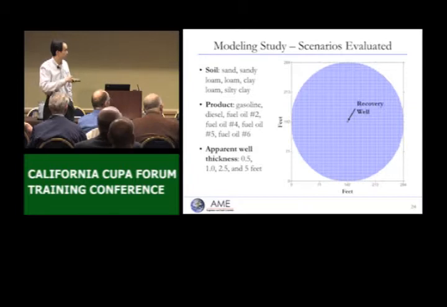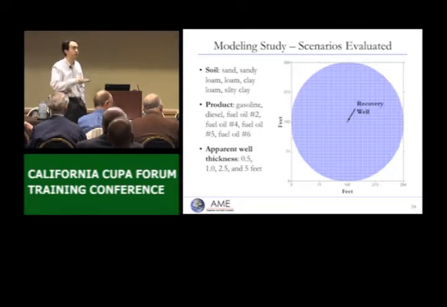For 5 feet, we use a different figure to illustrate this result. This zone to the right is potentially recoverable. You can get more than 10%. Otherwise, you get less than 10% because the hydraulic conductivity of the soil is getting smaller, and also dynamic viscosity is increasing. After all these simulations, they generated these plots to make it easy to understand.